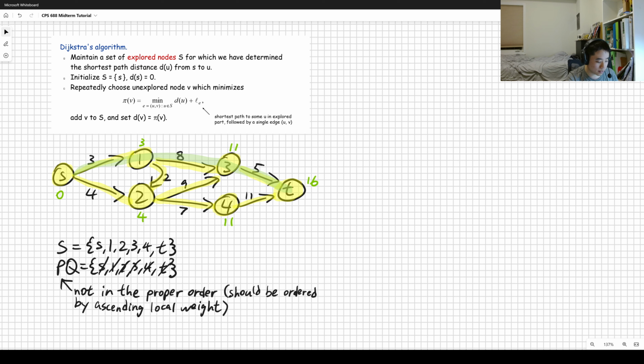I looked at all the connections, and the priority queue, remember, orders the nodes by their local weights, so ascending local weights. So at that time, node 1 will go first because it has 3, and 2 will come after.